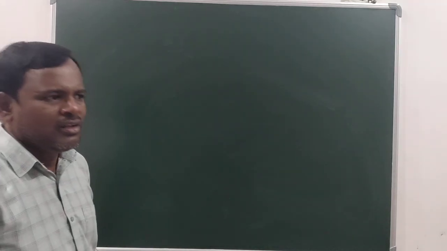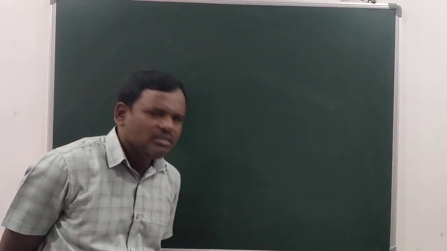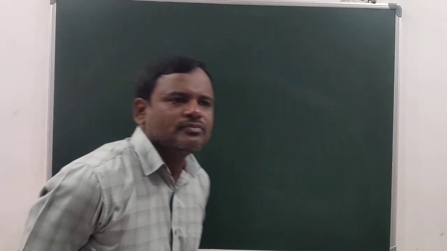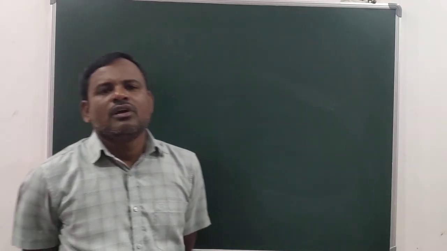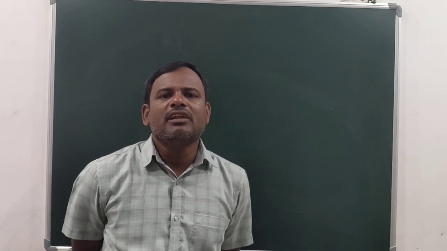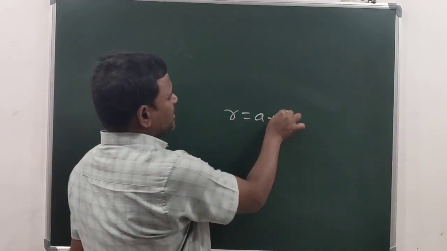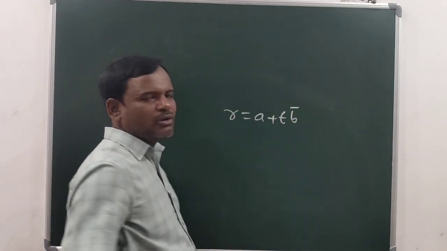Okay, right. Next, one more question. Find the equation of a vector that passes through the origin and is parallel to a vector B. In the previous one, R equals A plus T B bar, I said this formula, no?